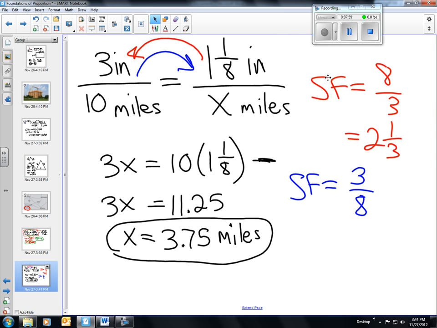And again, that's all depending on how you're going to do the problem. If you go from the 3 to 1 1/8, then you're going to use 10 times 3/8 to do this. If you use the 2 1/3, you're going to go x times 2 1/3 would give me 10. So it all depends on what direction you're wanting to go with the scale factor.